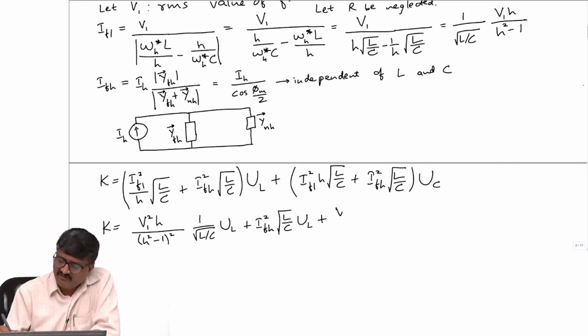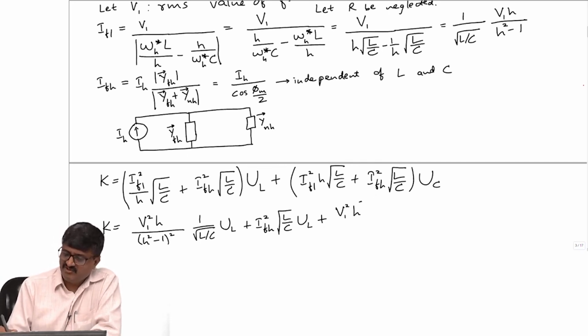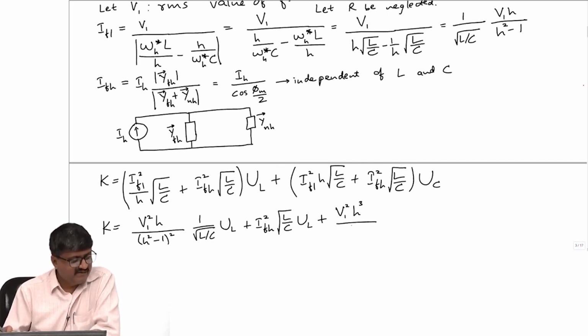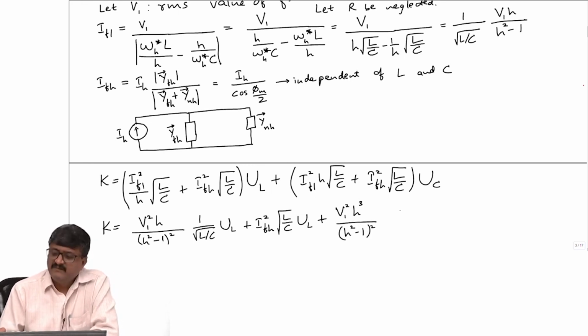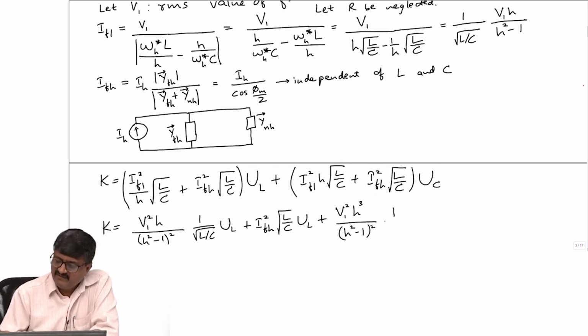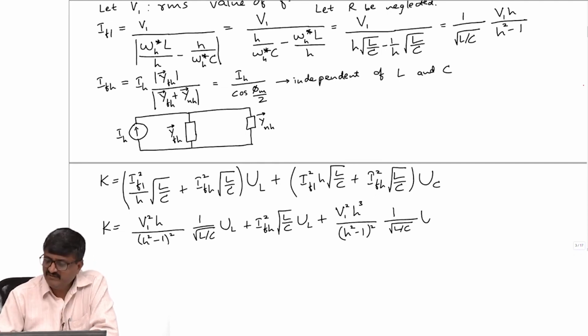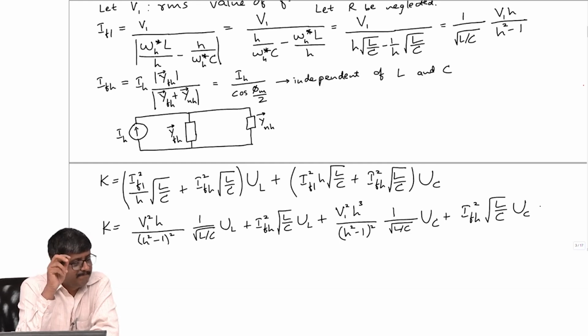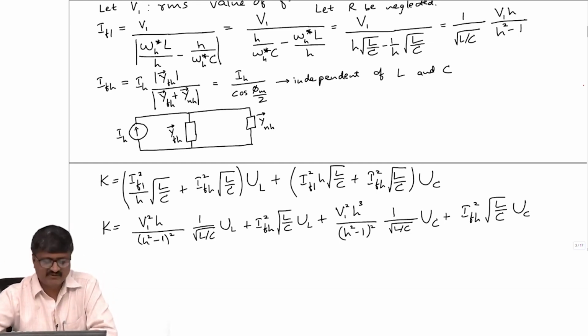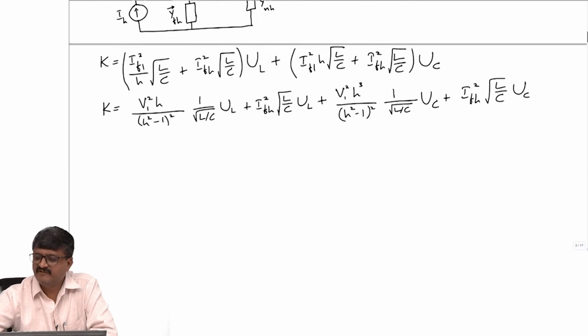So I get V1 square, now there is H cube divided by H square minus 1 whole square into 1 by root L by C into UC, plus IH square root of L by C UC. Is this okay? Just substituting the expression for I1.